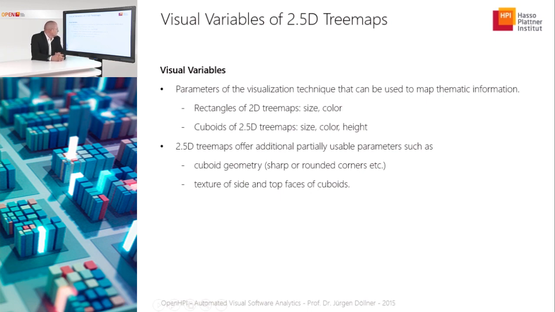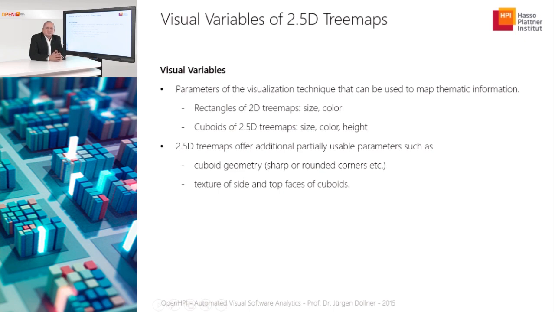For example, we can use different cuboid geometry, such as cuboids that have rounded corners or sharp corners. And also we can use the side and top faces of the cuboids and apply different textures to them.